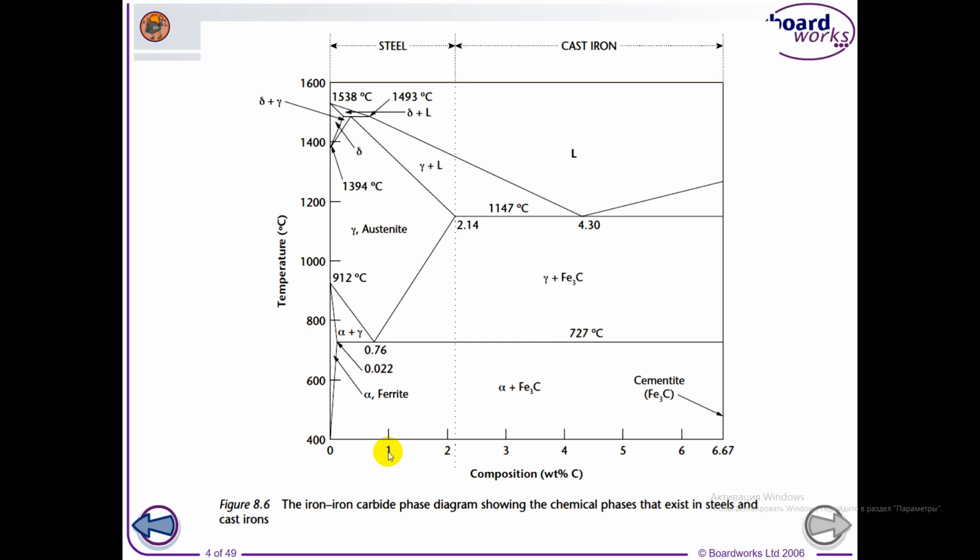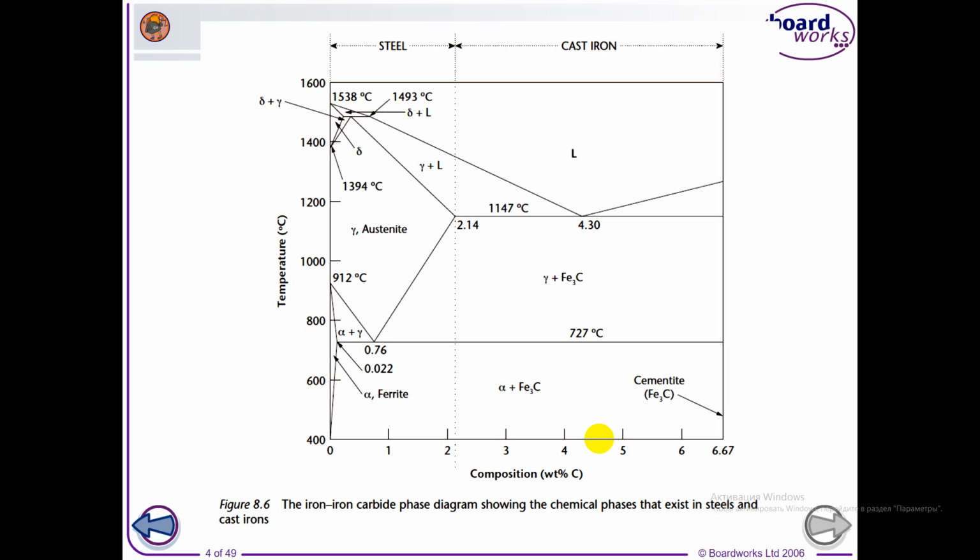Cast iron contains 2.1 to 6.67%. Most cast irons contain from 3 to 4.5%. Therefore, the chemical compositions of both steels and cast iron are almost identical.